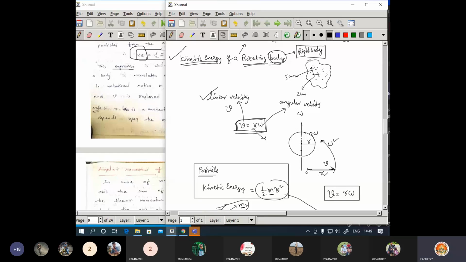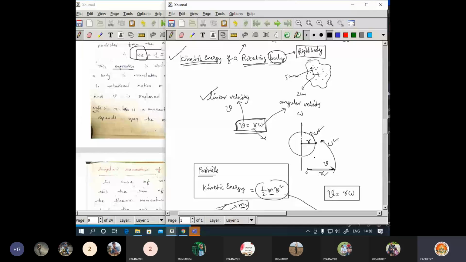Consider a particle on this rigid body. The rigid body is undergoing rotation with some velocity omega, so as the particle is on the body, it will also have the same omega as the angular velocity. And the position of the point is at some distance r.